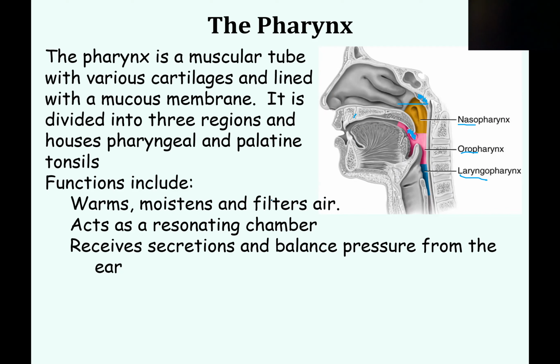It acts as a resonating chamber. So again, if we look at a megaphone, the nose is the big end, the pharynx is the smaller end. The vocal cords are what produce the sound.